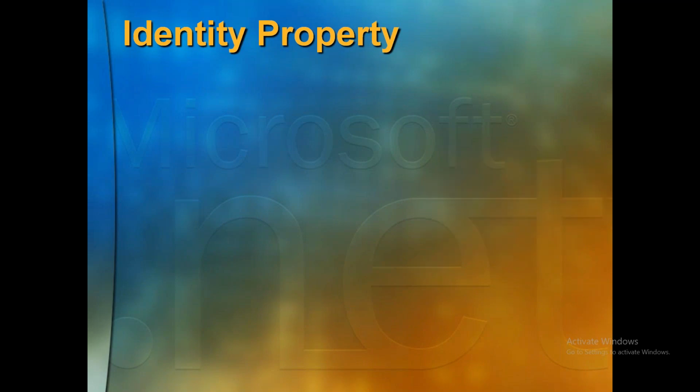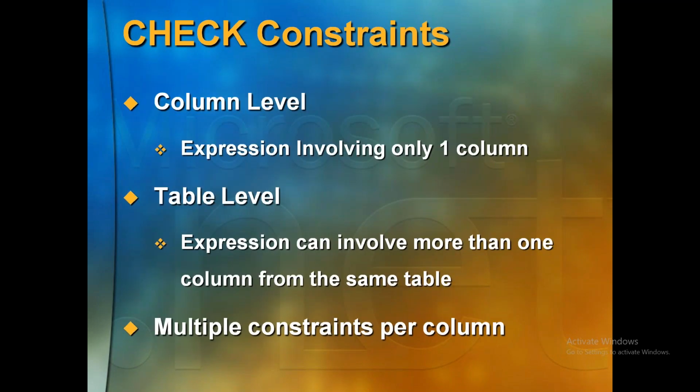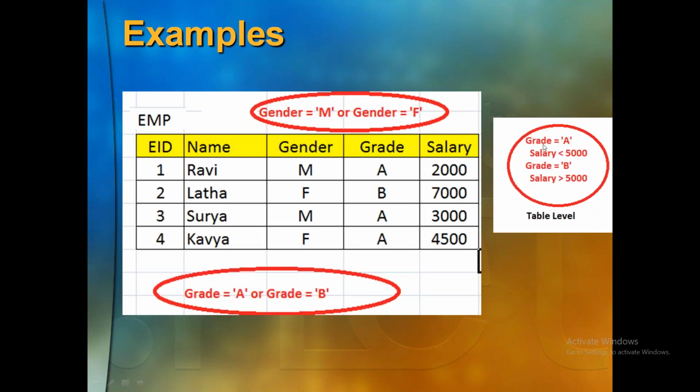Then we have two kinds of check constraints: table level and column level. Column level is an expression involving only one column: salary greater than zero, gender can be either male or female, grade can be either A or B. Only one column is used in the expression. Table level means the expression can involve more than one column. Here grade is one column and salary is another. If the grade equals A, salary is this much.